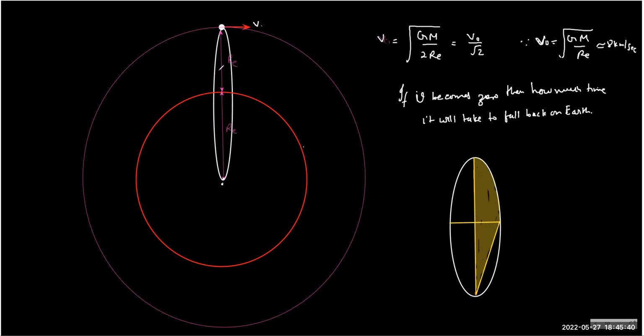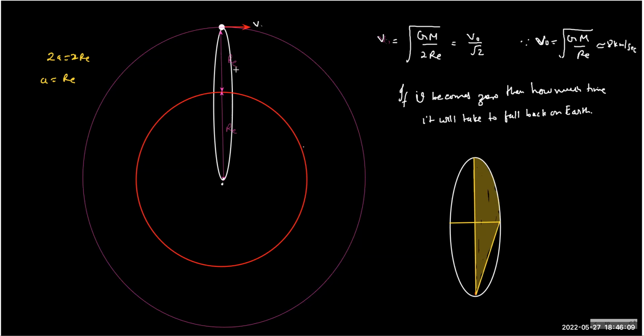We know that the semi-major axis is 2 RE, so we can say A is RE. B is roughly 0, which means E is close to 1. Sorry, B is A root of 1 minus E square. So B is 0, so E is almost 1.